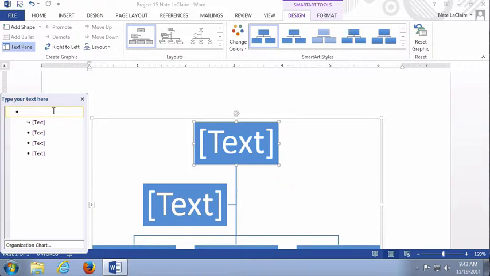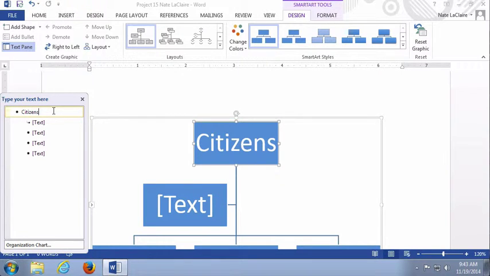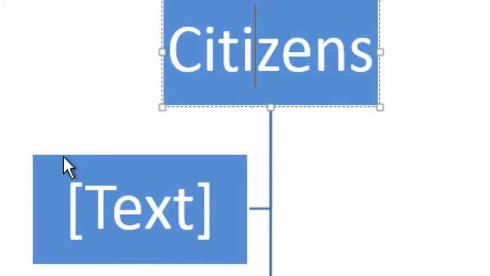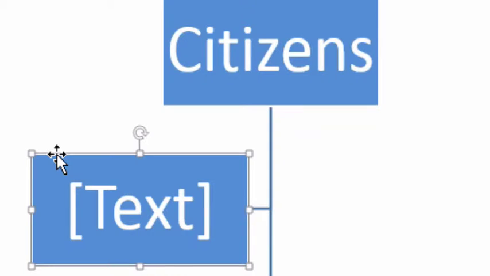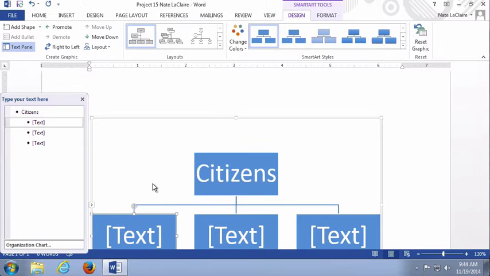Now at the top of state government is the citizens of the state of Maine, so let's type Citizens. Now this next level, if where we had Citizens we had CEO, this next one down might be something like an executive assistant. We don't actually need that one, so what we're going to do is hover the mouse to where you see the move cursor, click there, and then press the Delete button.